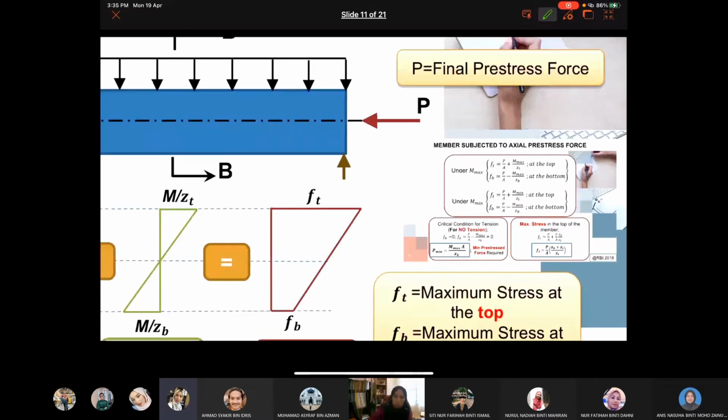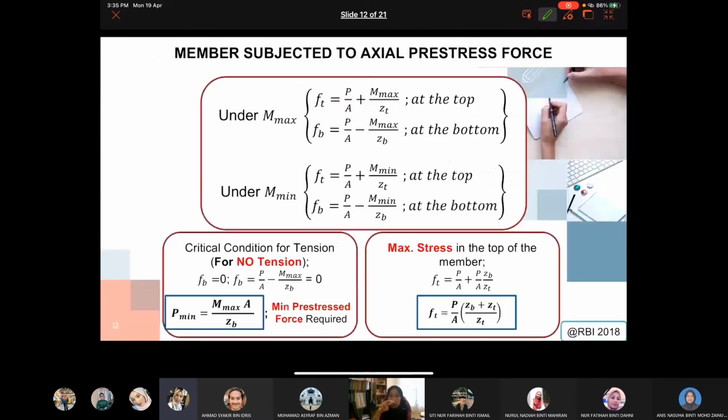So with that, when you develop the one equation, you should be able to know that for each of the equations, you have two additional conditions whereby you have top and bottom. Then one more thing, you have the moment condition, whereby we say that it has a range, right? Maximum and minimum. So therefore you have moment maximum and also moment minimum. For each of it you're going to have two.